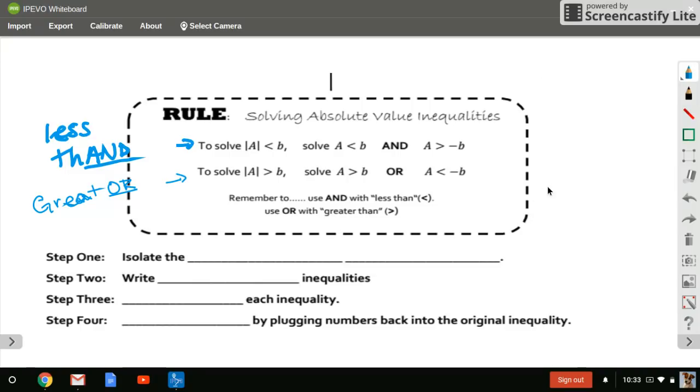So now our steps for solving these absolute value inequalities. They're exactly the same as our steps for solving absolute value equations. First, we're going to isolate the absolute value expression.